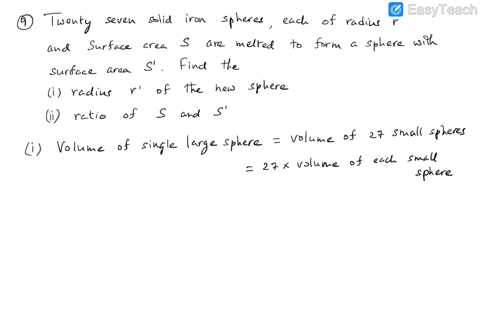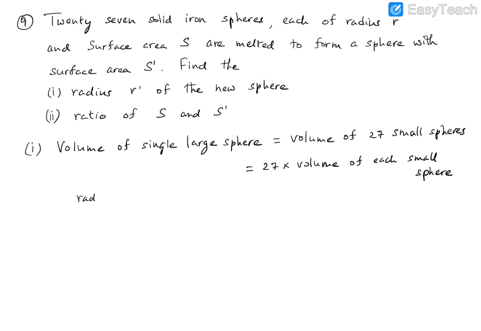Okay, so now we have a relationship between the volume of the single large sphere and the volume of each of the small spheres. So now we can use the formula for the volume by using the appropriate radius for each of the spheres. We are given in the question that the radius of the small sphere is small r and the radius of the large sphere is r dash. So we will use that in our expressions for the volumes.